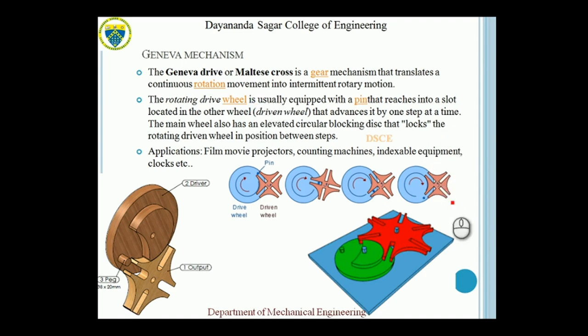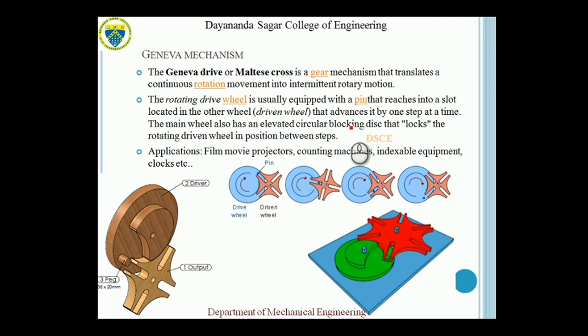You can make out from this animation clip that one disc is making a continuous rotation and the other disc is making intermittent movement. The rotating drive wheel is usually equipped with a pin that reaches into a slot located on the other wheel, the driven wheel, and advances it by one step at a time.